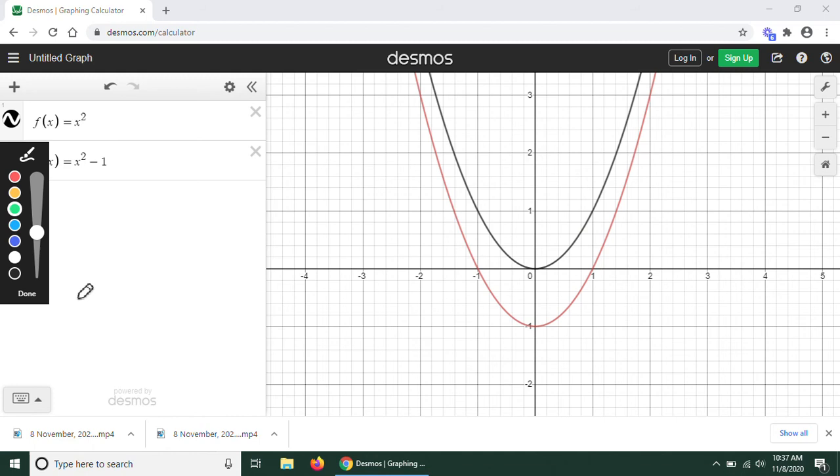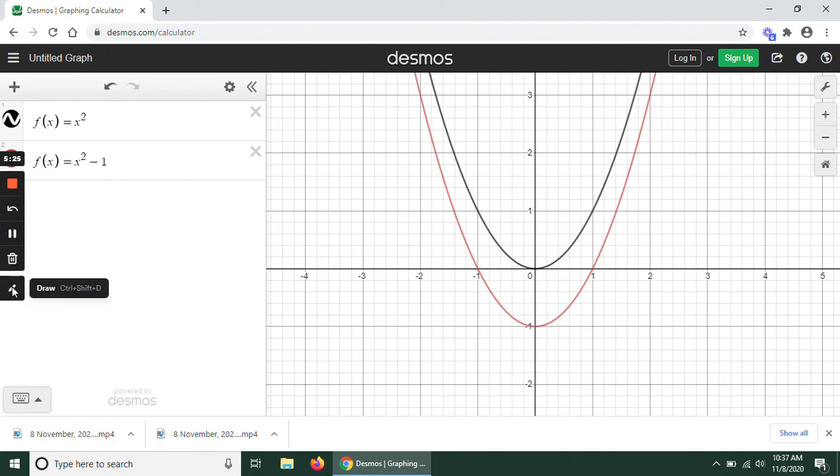And in my previous video I said to you that whenever a value is applied to the outside of a function, it always leads to a vertical change. All right, and let me make this clear.